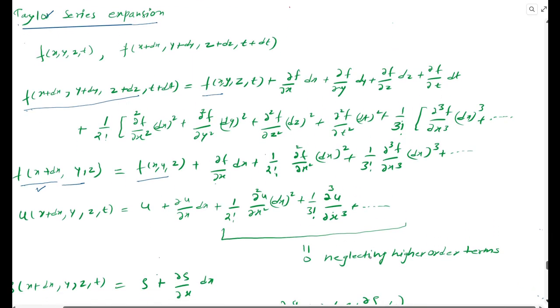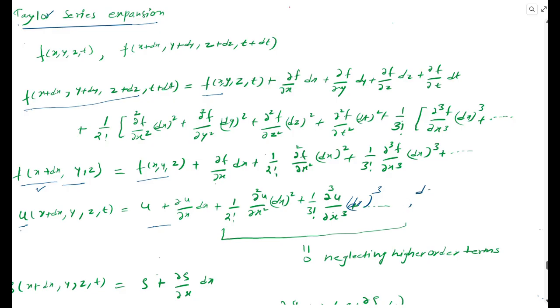Similarly, if in place of f we have u, the velocity in the x direction, we can write this form. But here dx, delta x, is very small, so we neglect the higher order terms.